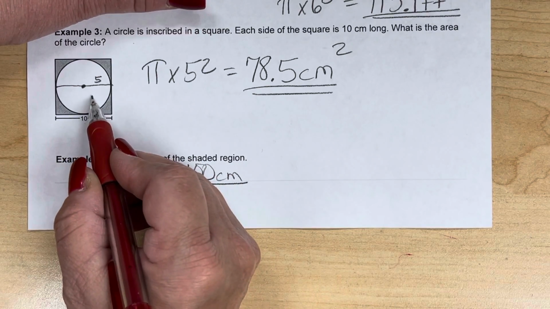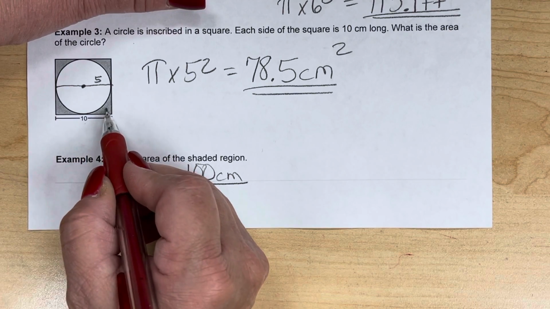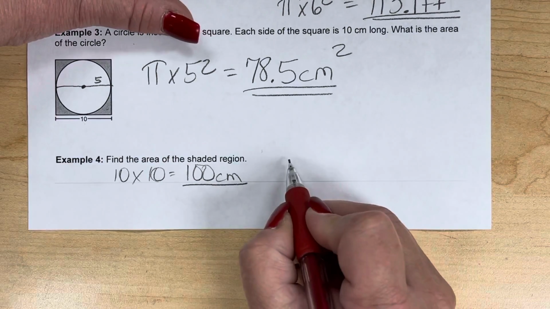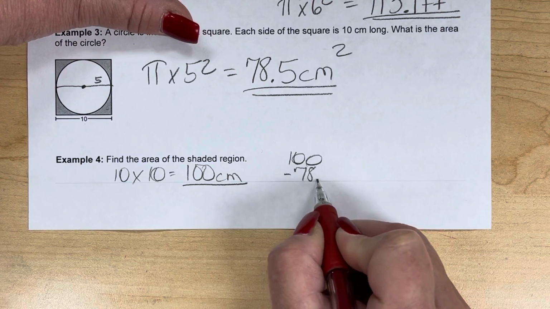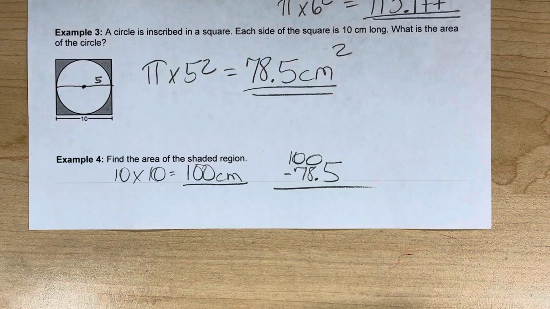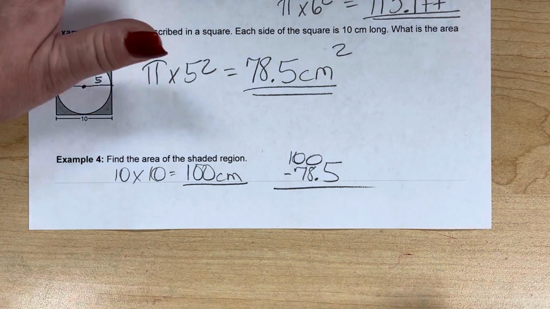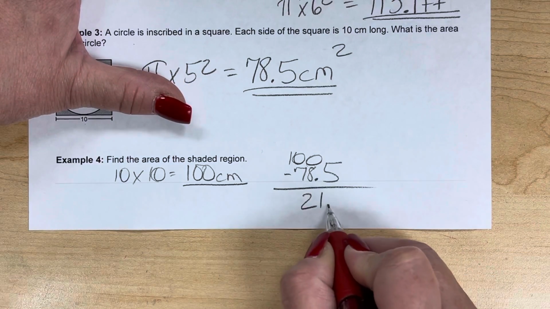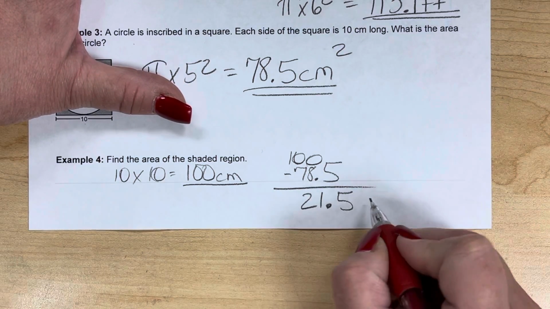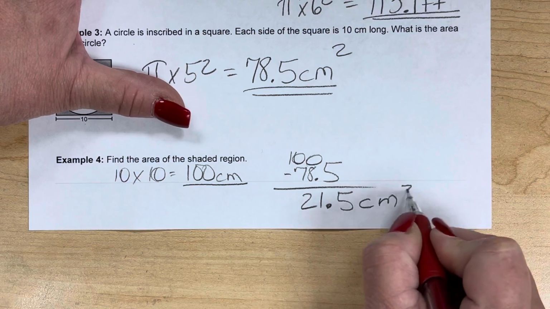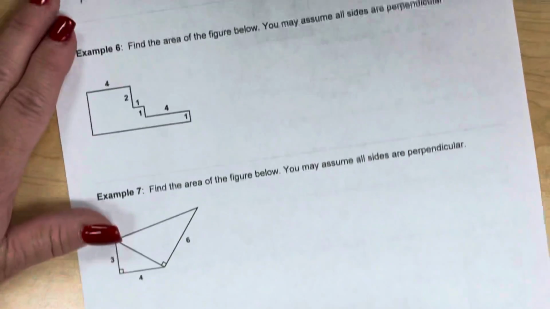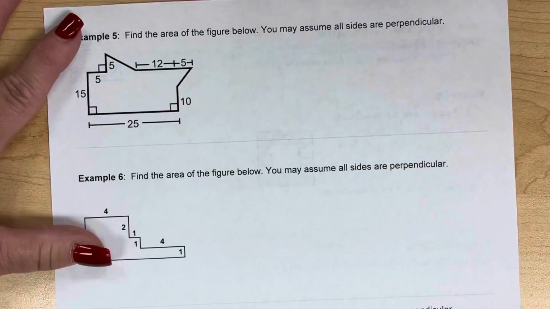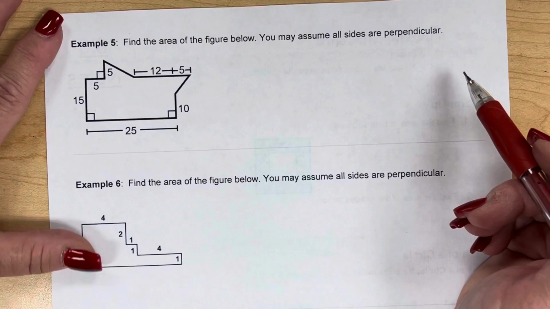But then I have to subtract the area of the circle to get just the area of that shaded region. So I would take 100 and subtract 78.5. And that would give me 21.5 square centimeters.